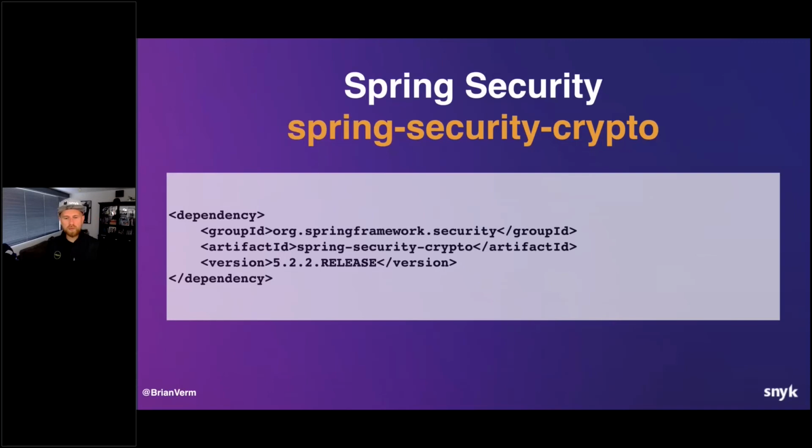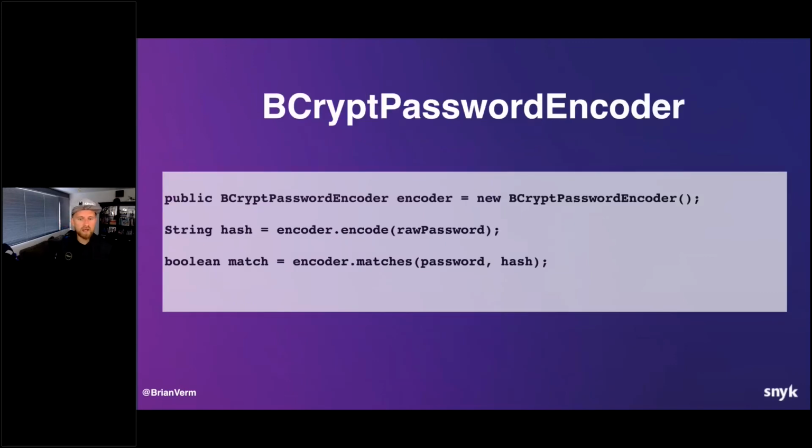For password encryption, if you want to do password encryption yourself, go to Spring. Spring has perfect hashing capabilities, and this is an old one, the 5.2.2 release, but you get me. Get the latest one. Spring Security Crypto is the package that holds these cryptography and hashing algorithms. What I can do here is use, for instance, the BCryptPasswordEncoder, and I can encode a raw password. And if I have that hash, it automatically has salting.